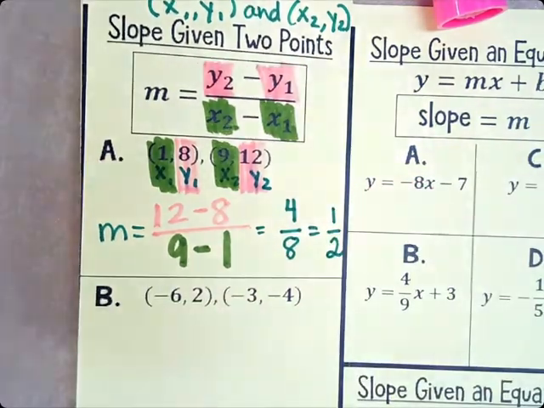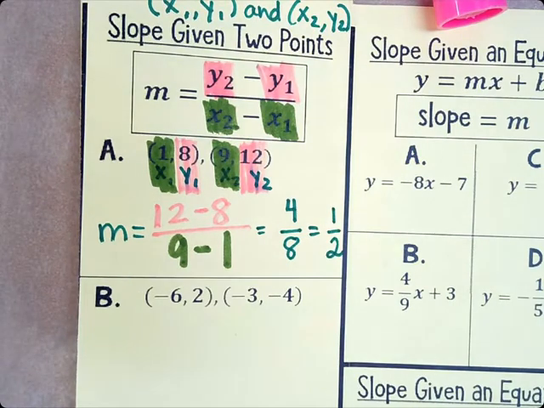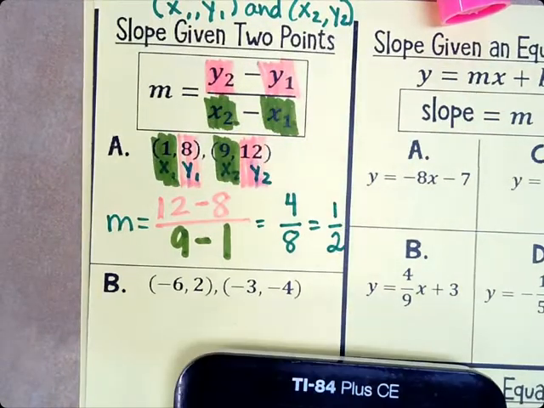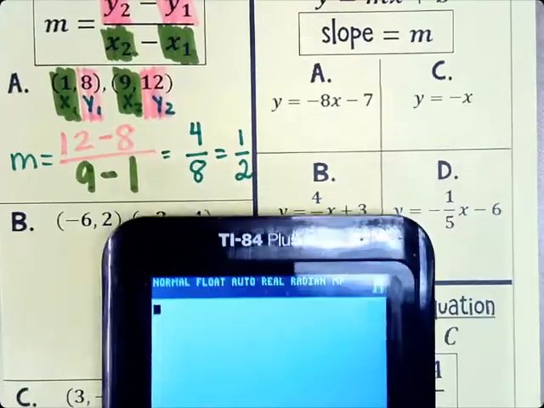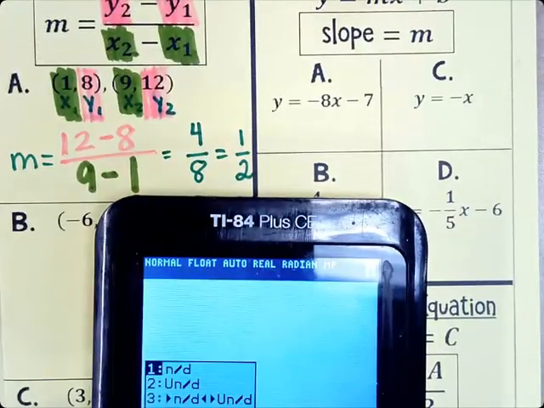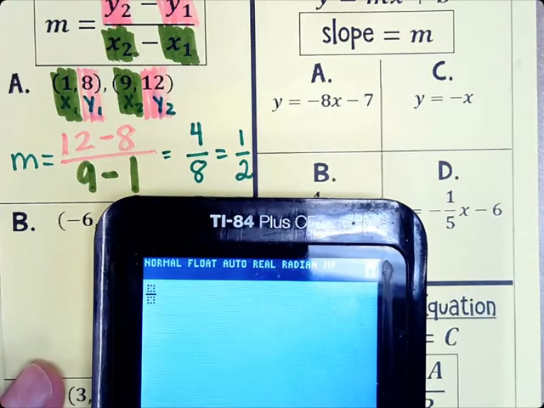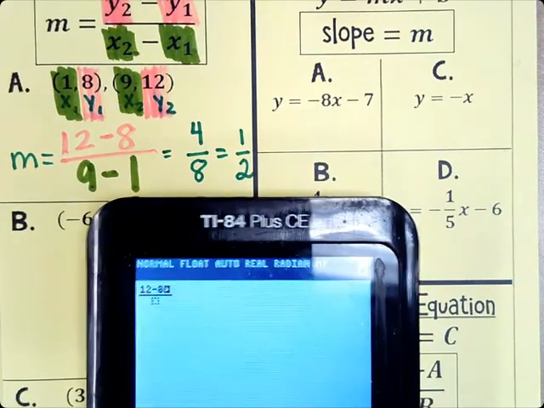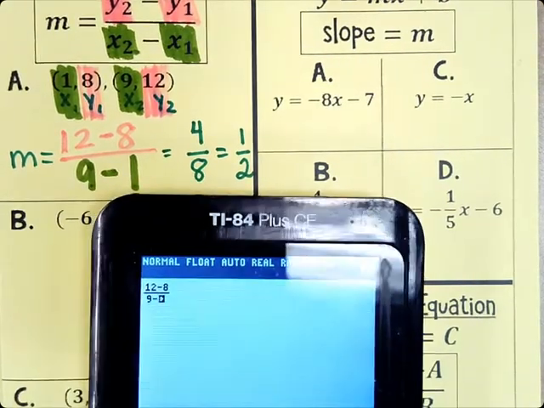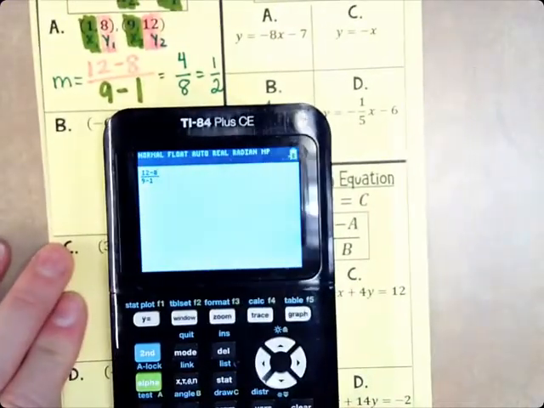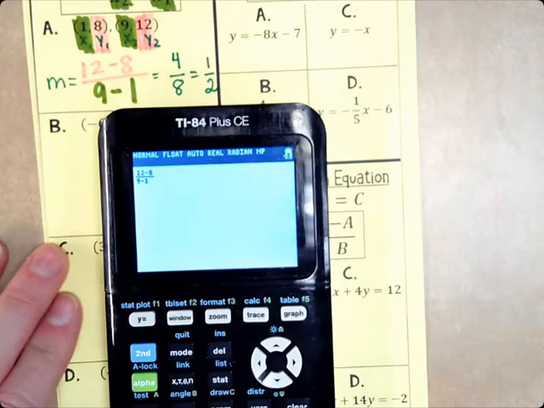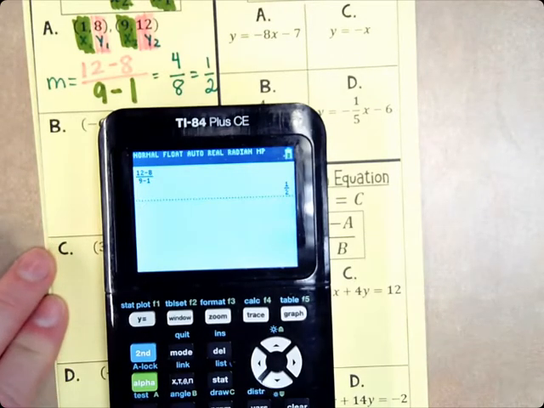If you're not confident in adding and subtracting positive and negative numbers or dealing with fractions, I would put it in as a fraction. So do alpha y equals, and put that in 12 minus 8 over 9 minus 1. And then when you do that, it reduces it for you, and it's 1/2.